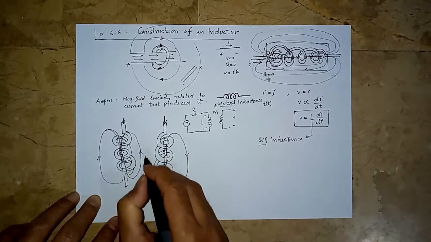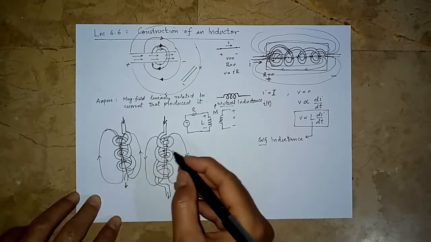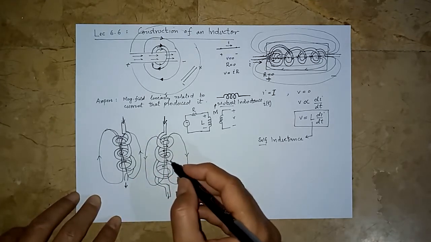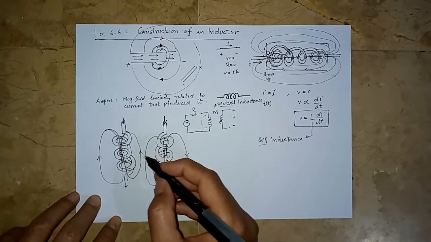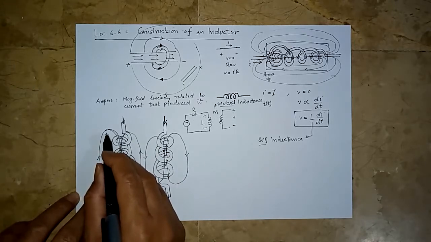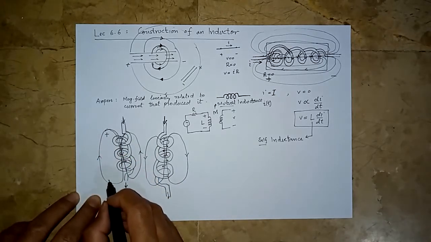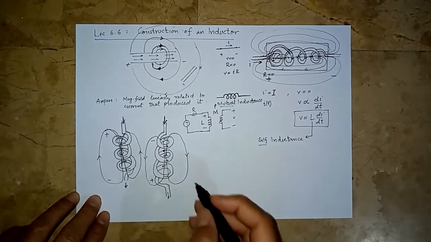So can you see, merely by the way the inductors are created, the direction of the magnetic lines of force changes, and that is going to change how the voltage appears across the terminals. So either it appears this way or it appears this way. Basically it depends on this.